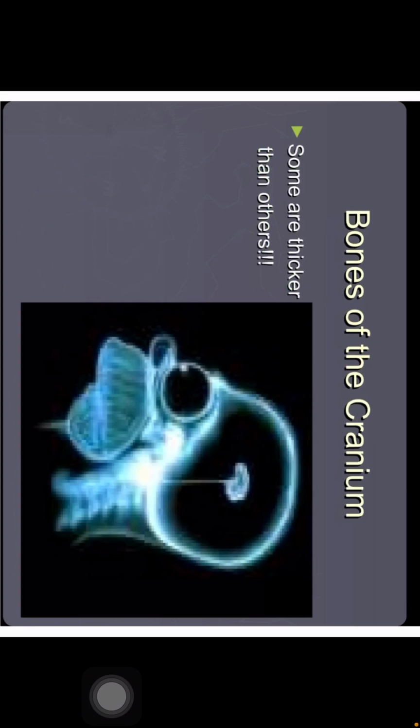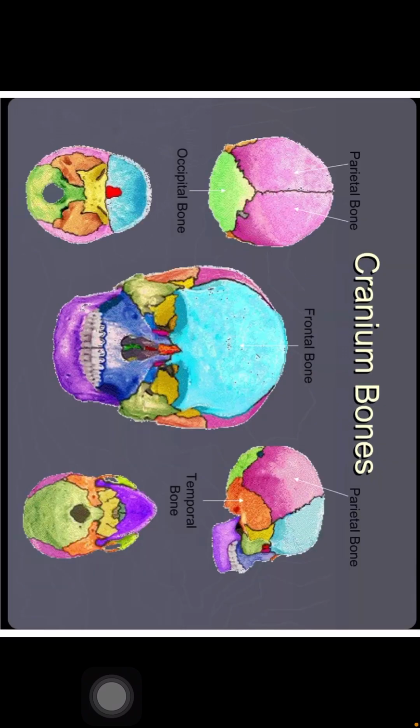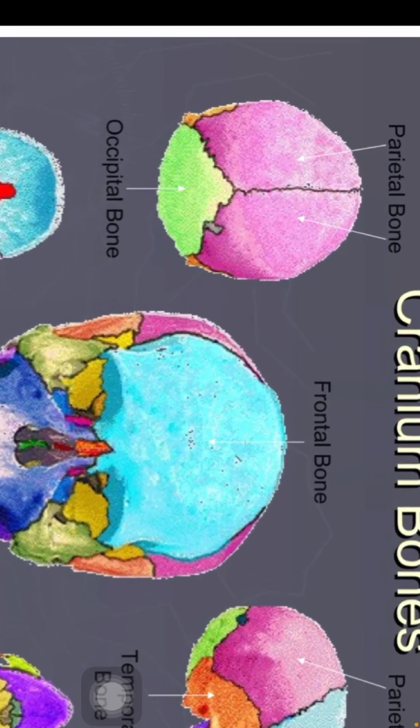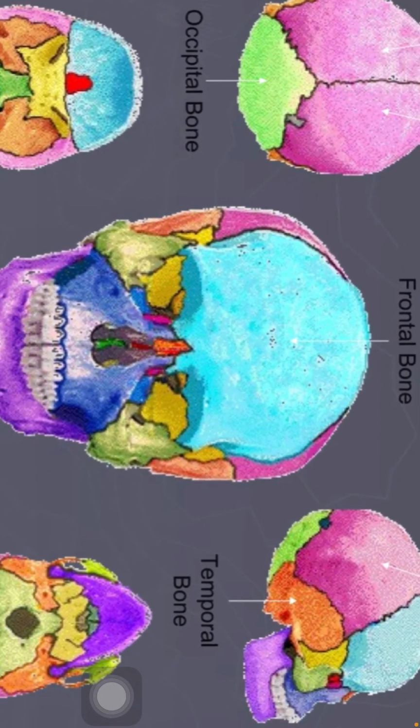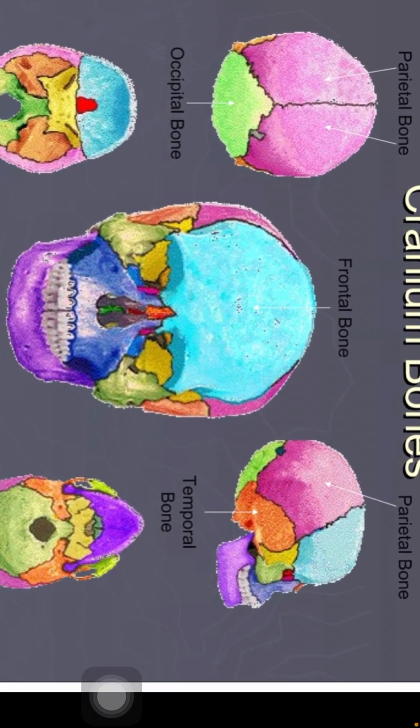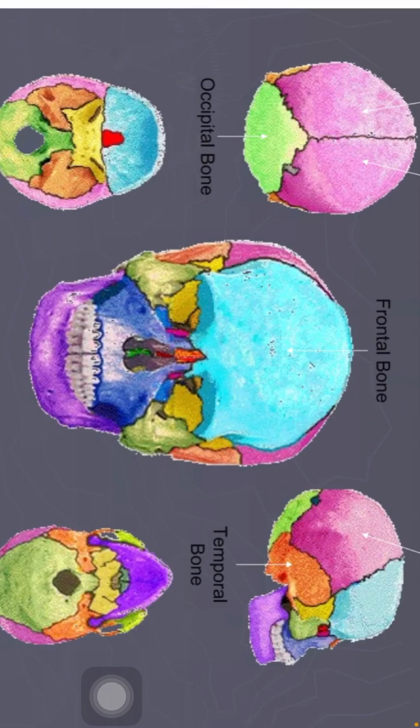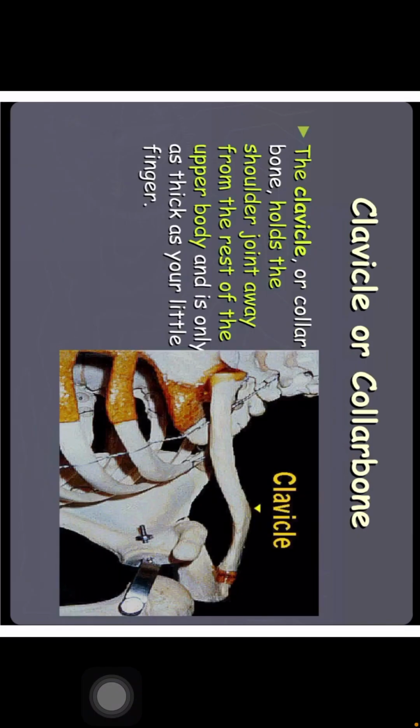And facial bones are the bones that form the eye sockets, nose, cheeks, jaw, and other parts of the face. Next, the picture of the cranium bones, part of our head, like the frontal, parietal, temporal bone.